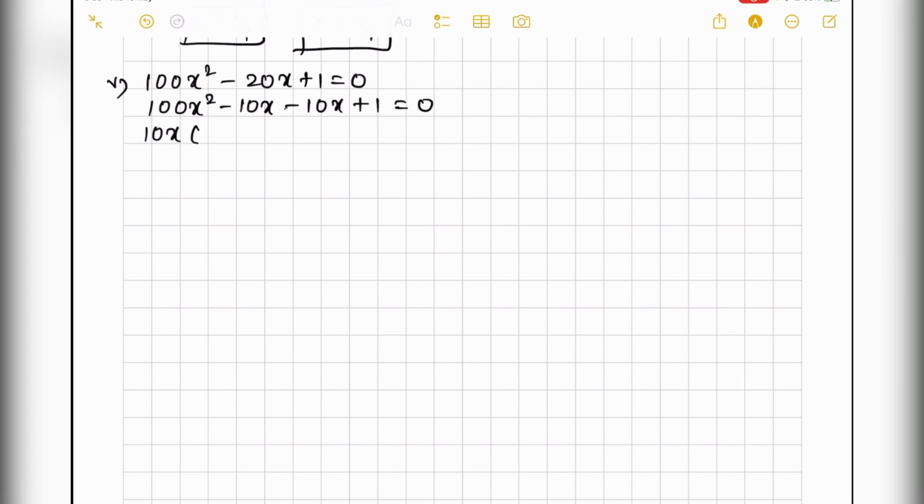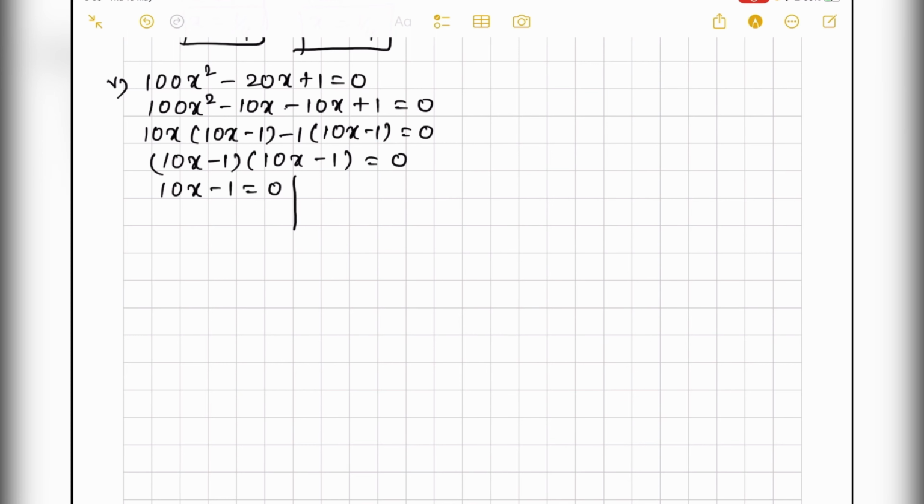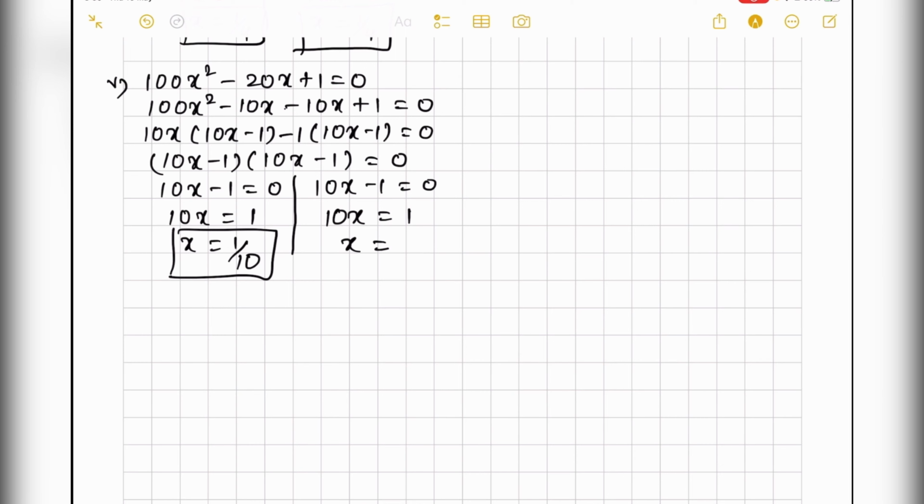So 10x common, so 10x minus 1 common, so 10x minus 1 equal to 0. In the other bracket also 10x minus 1 equal to 0. So either 10x minus 1 equal to 0 or 10x minus 1 equal to 0. So 10x equal to 1, so x equal to 1 by 10. Here also x equal to 1 by 10.